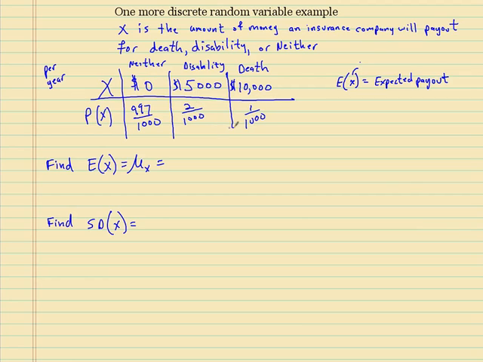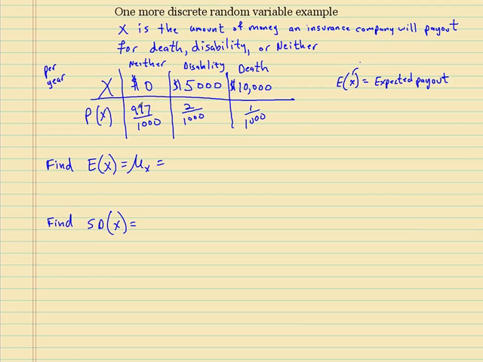They know that for every 1,000 people, about one person might die per year in the long run. Two people out of those 1,000 might get disabled, and 997 of them will be fine. Nothing will happen. They won't have to pay them anything.